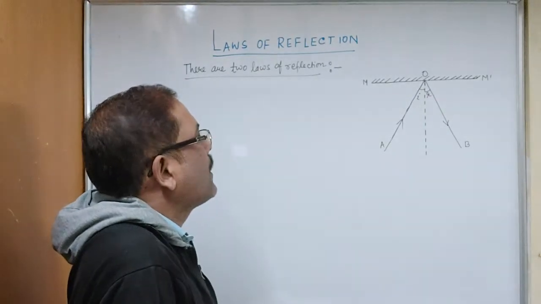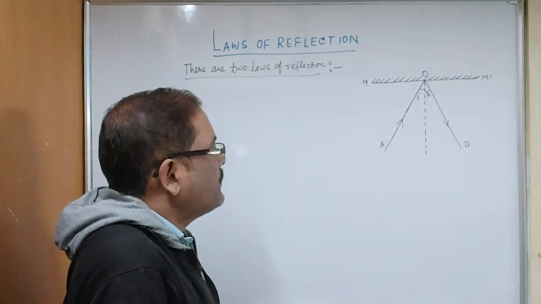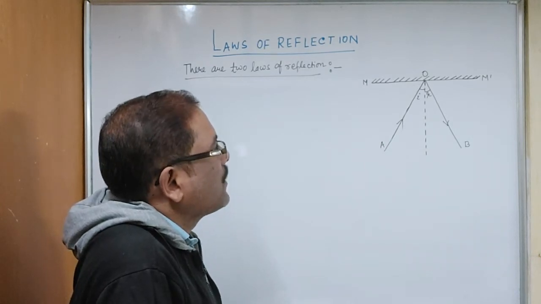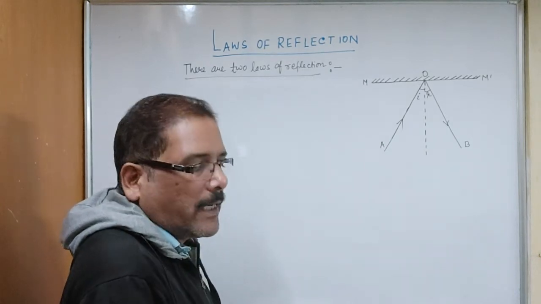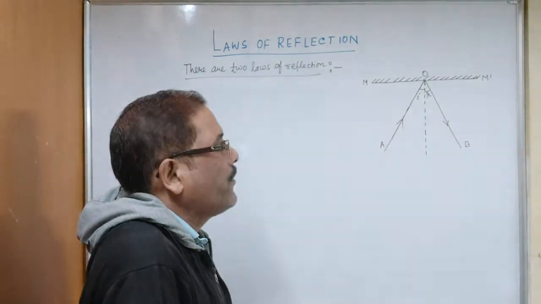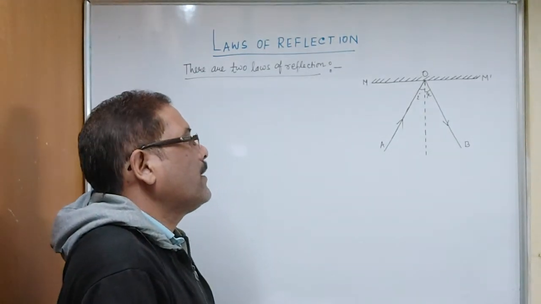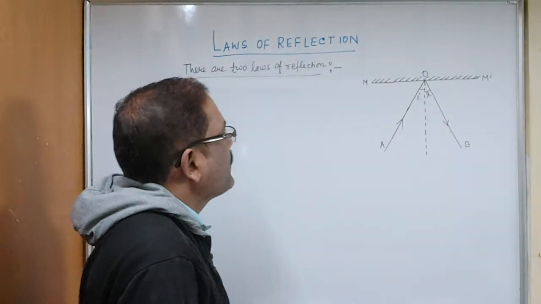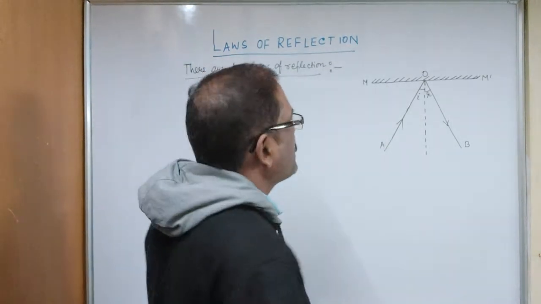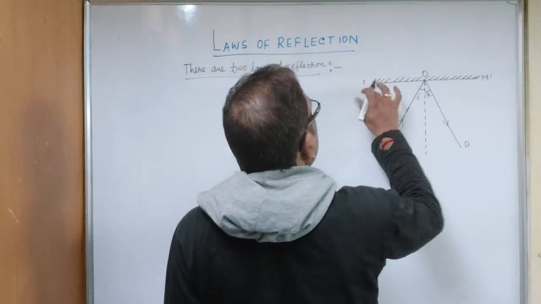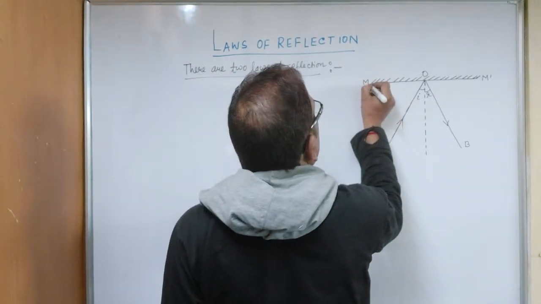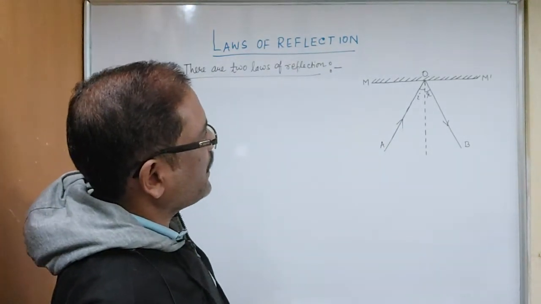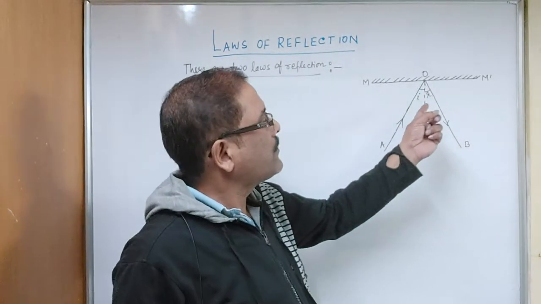So, as we have discussed in last class, you all know what is incident ray, what is normal, what is point of incidence, and what is reflected ray. So we have taken a mirror dash, and let a ray of light AO be incident on it.